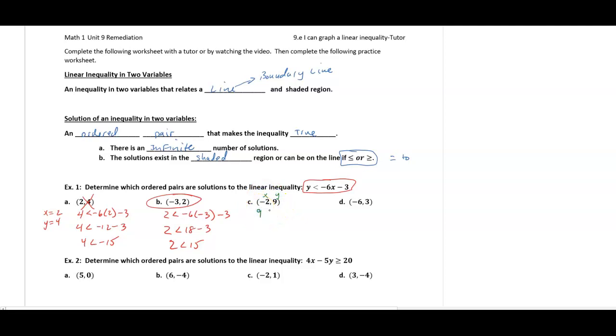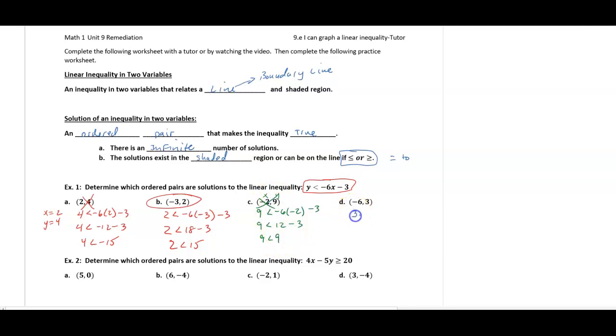Replace y with 9. Is that less than negative 6 times negative 2 minus 3? Is 9 less than 12 minus 3? Well, here's the thing. Is 9 less than 9? And the answer to that is no. If it was equal to, it would be a yes.